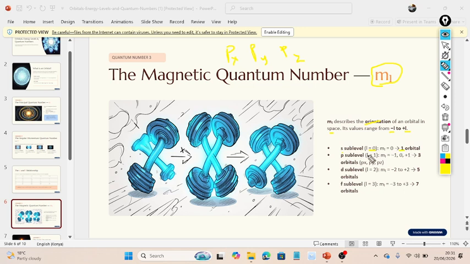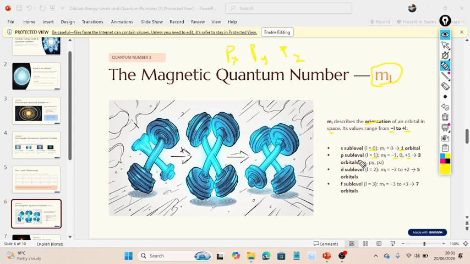When the subshell level L equals 1, our ML values will range from -1 to +1, and 0 is included as well. 0 means we are going to have an s orbital when L is 0.